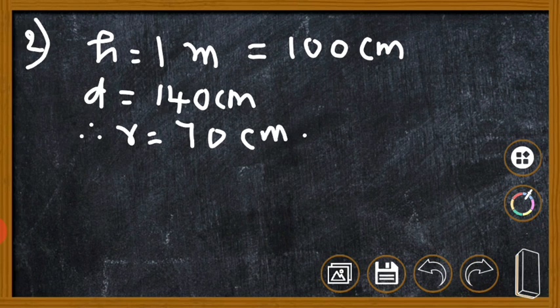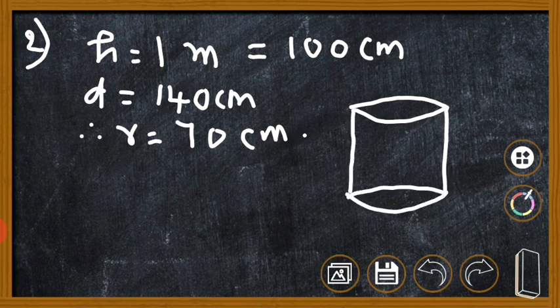How many square meters of the sheet are required for the same? Since it is a closed cylindrical tank, what is the meaning of closed cylindrical? There are two types of cylinder, open cylindrical tank and closed cylindrical tank. In the case of a closed cylindrical tank, we have to calculate the total surface area, that is CSA plus base area plus top area.